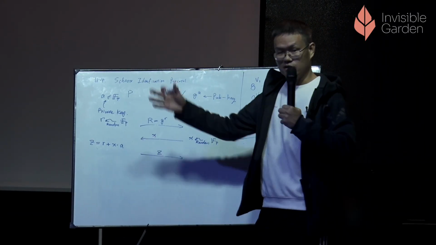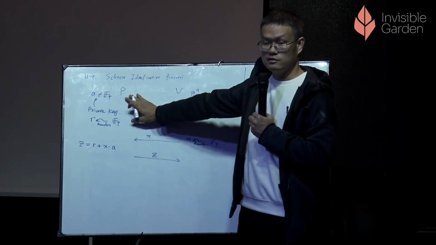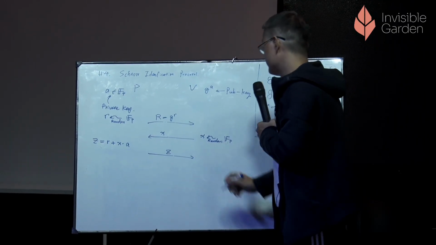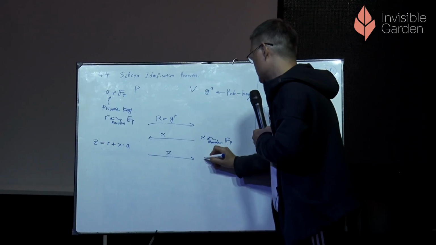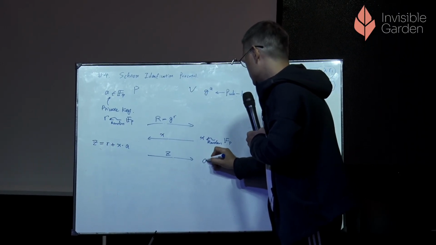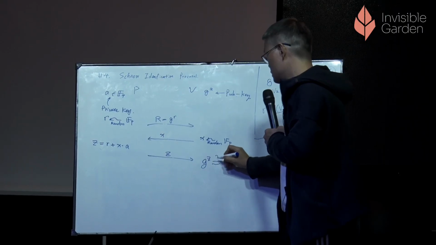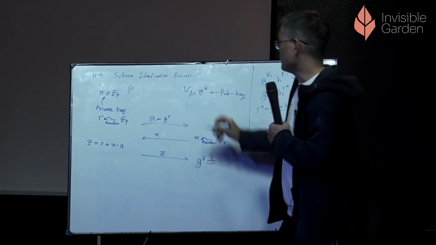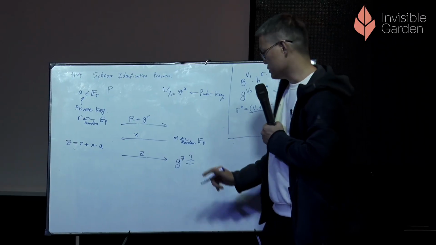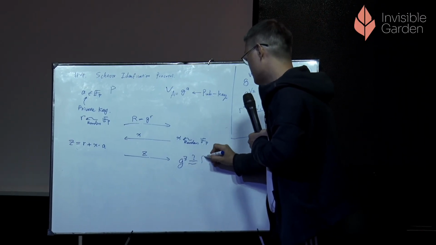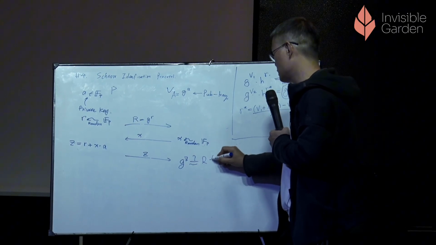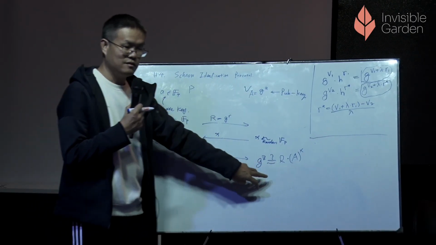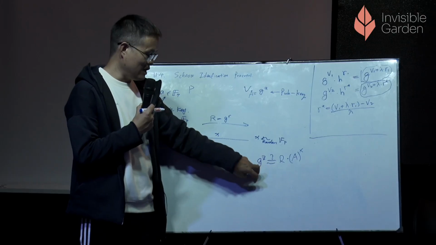The verifier will verify something to ensure that the prover has A, knows A. So the verifier will check the protocol this way: G to Z, if it equals, we use the capital A as the public key, R times A to X. Okay, this is the verification equation for a verifier to check if left equals right.